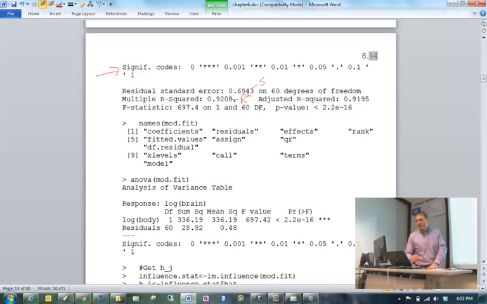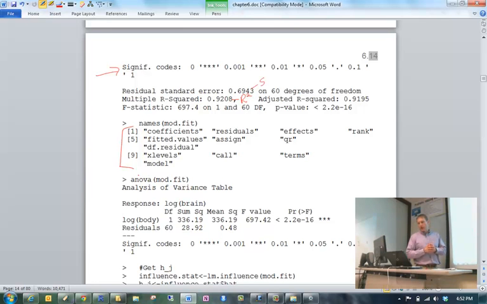So names(mod.fit) allows you to see everything that's actually inside of there. So for example, mod.fit$coefficients would be beta hat 0 and beta hat 1. mod.fit$residuals would be all your residuals. And you can look at some of the other ones on your own if you're interested.